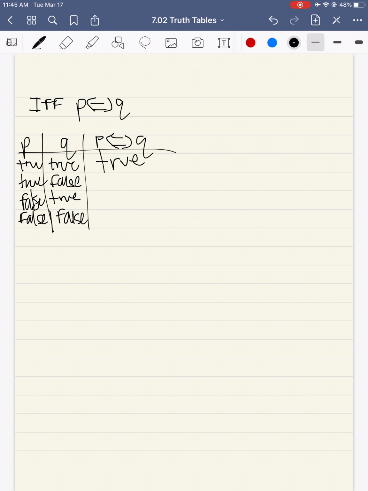When they have the opposite truthhood, then it's a false statement. So if we have true, if and only if false, then that's a false statement. Similarly, if we have false, if and only if true, that is also false. And then lastly, this one can trip people up.